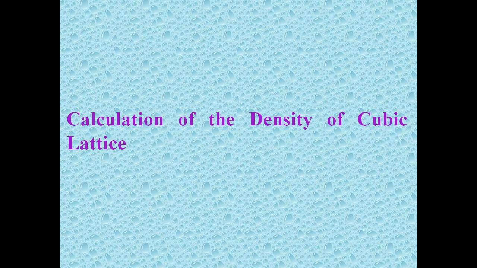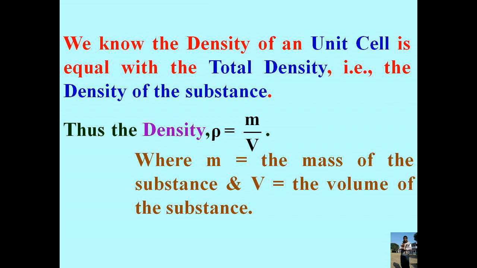Now we have to calculate the density of a cubic lattice. We know the density of the unit cell is equal to the total density, that is, the density of the substance. Thus the density rho equals m by capital V, where m is the mass of the substance and capital V is the volume of the substance.